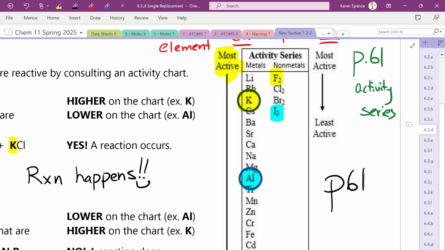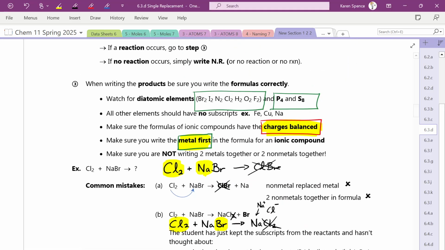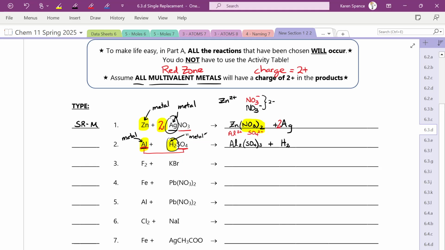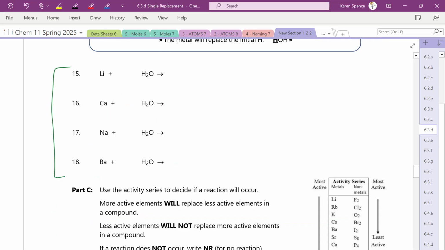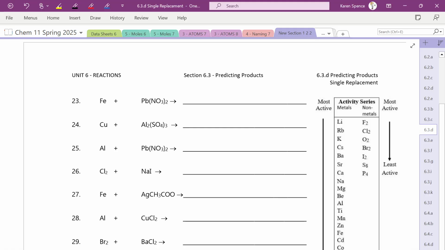Do you remember who can replace who? If you got something lower down, can it replace something higher up? No. If you got something higher up, can it replace something lower down? Yes. Okay. So right now, we are going to be going to page 65.